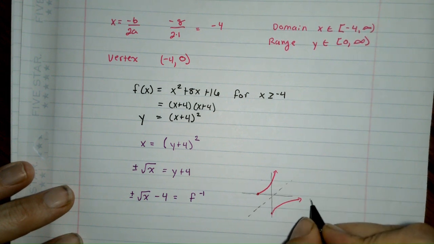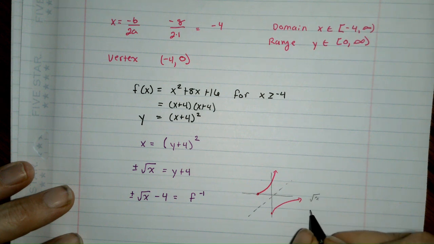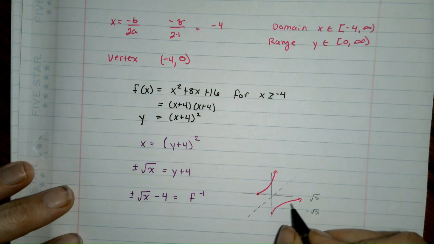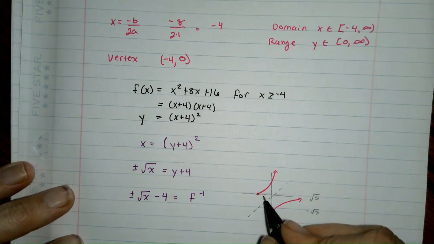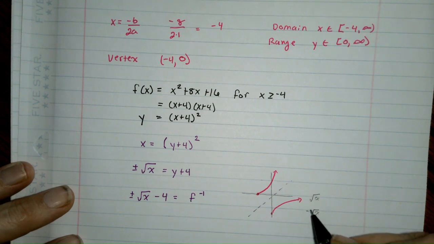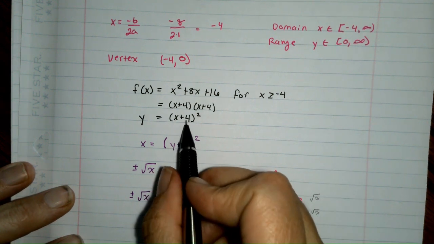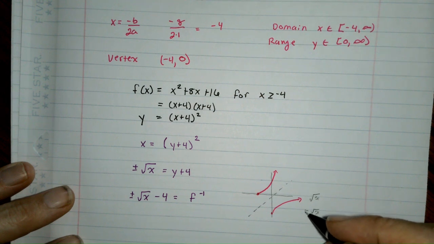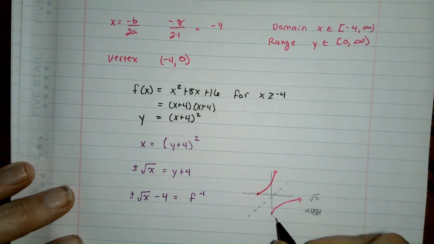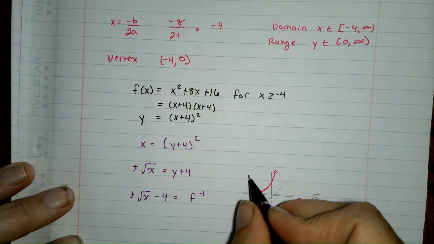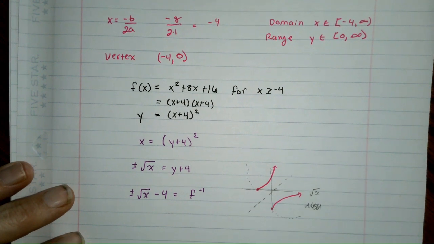So is this the positive square root of x version, or is this a negative square root of x version? Since it's going up and to the right, it has not been reflected from the basic. It's just been moved down, kind of like the original had just been moved left. So we're going to use the positive square root. The negative square root would have gone down like this. That would have matched had we used the other part of the domain.